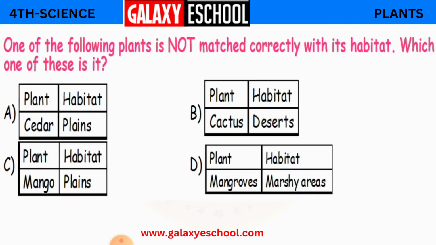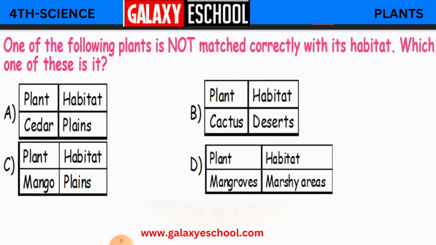Clear, children? And the next question is, one of the following plants is not matched correctly with its habitat. Which one of these is it? See, which is not matched correctly with its habitat. So that you have to remember.